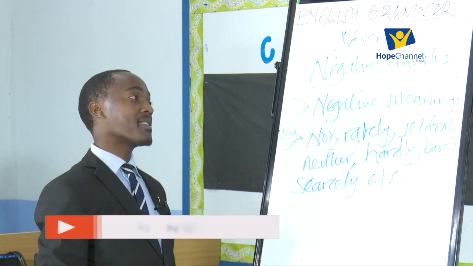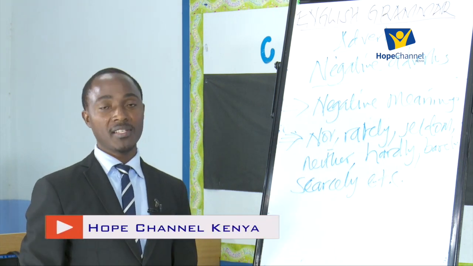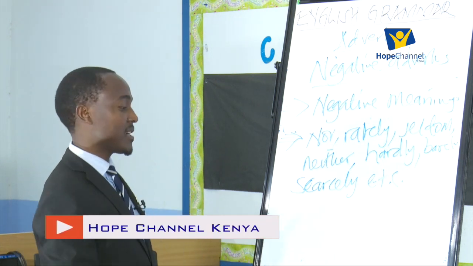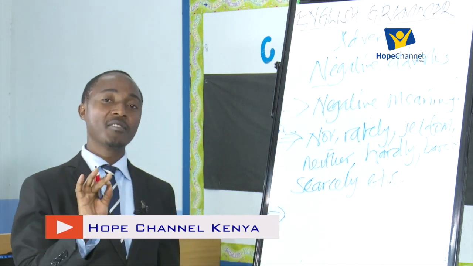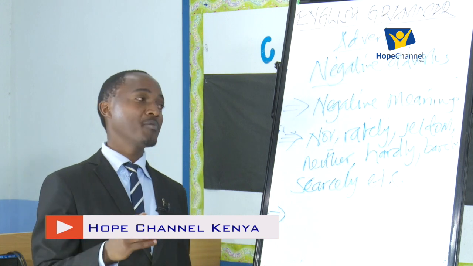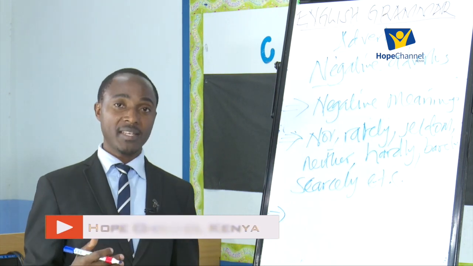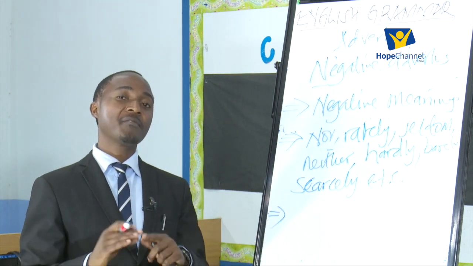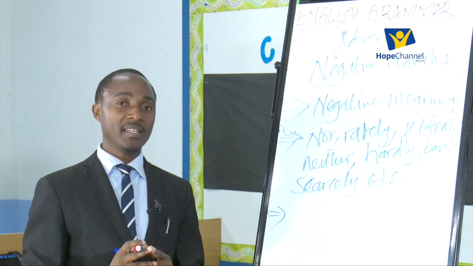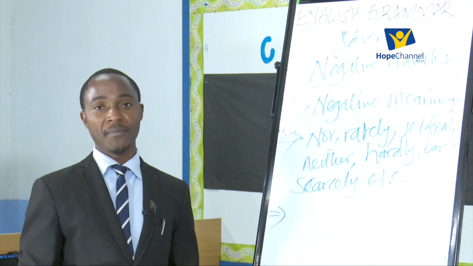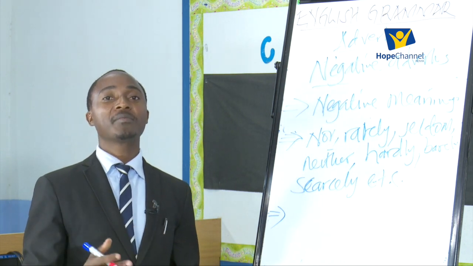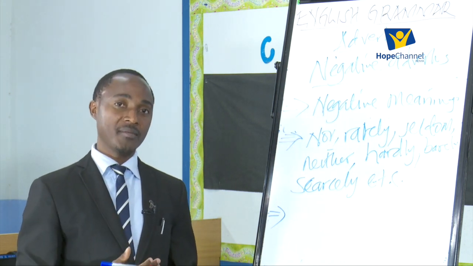And mostly you find they are used to link clauses again. And something to note is whenever we begin, and I want you to note this keenly, whenever we begin with a negative adverb in a sentence, it changes or it affects the structure of a sentence. And that is what leads to what we call in grammar inversion, when the verb comes before the subject doing the action.